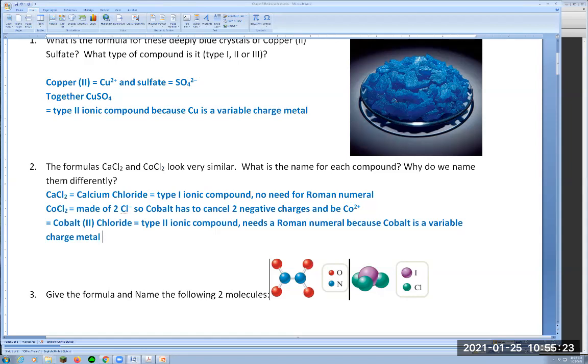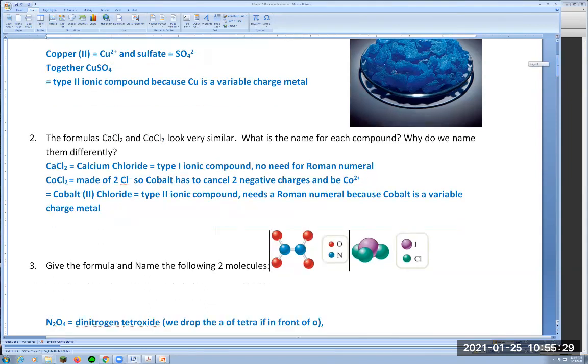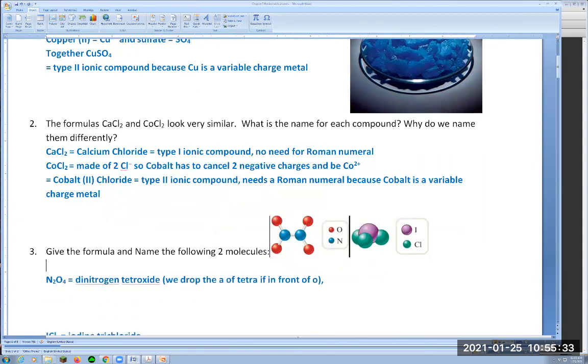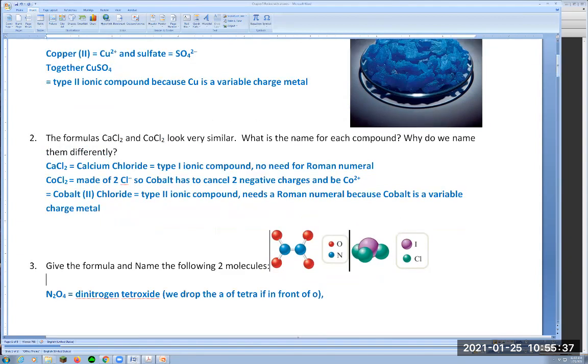Then tetra, and oxygen becomes oxide, you change the ending to "ide". So tetra oxide. However, pay attention to the fact that we are dropping the A of the tetra when it is in front of an O or another vowel. So it's not tetra oxide, it's tetroxide.